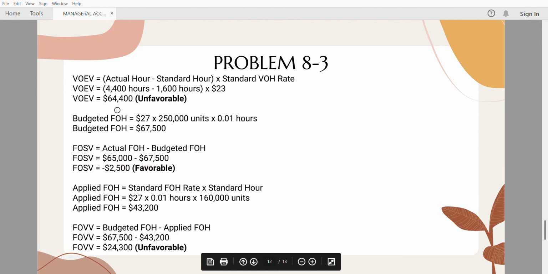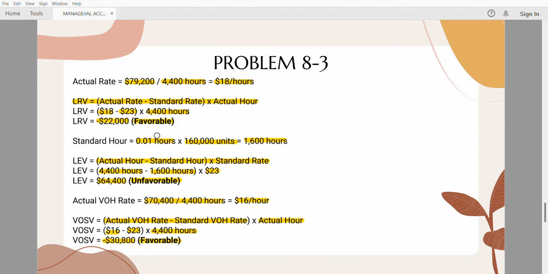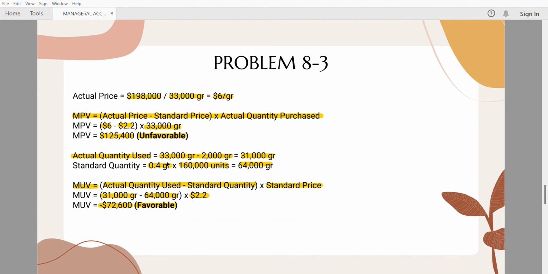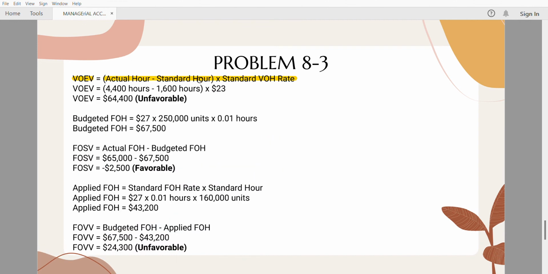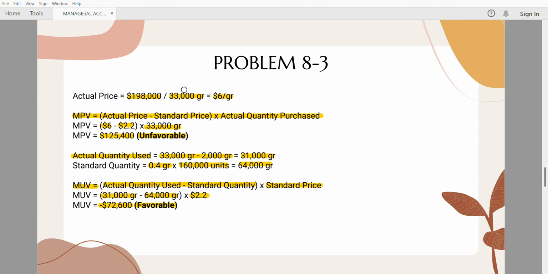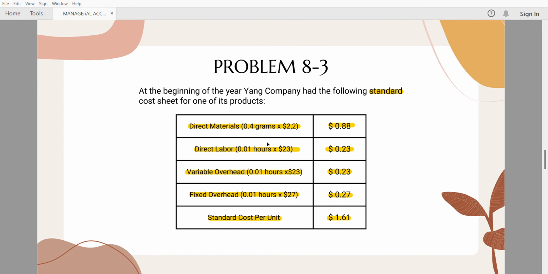Continue to the next one. It's VOEV, variable overhead efficiency variance, with the formula actual hour minus standard hour times standard VOH rate. If you notice, this is the same as this one. Why? Because they are using the same amount, and the standard VOH rate coincidentally is the same.